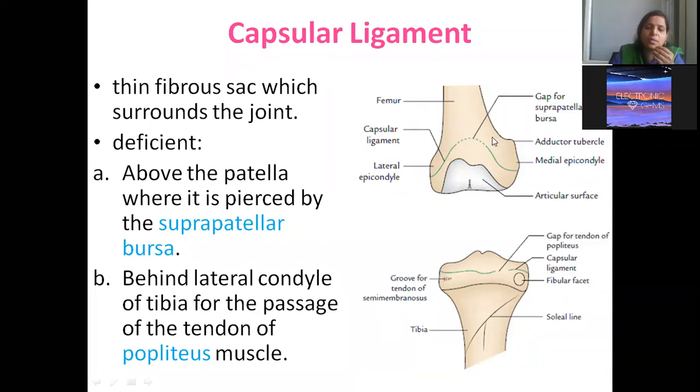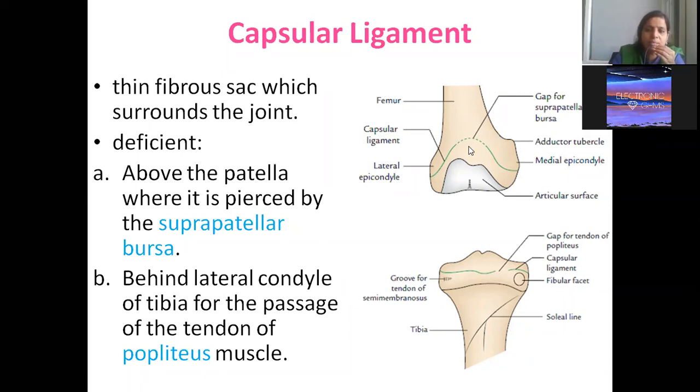As such, the knee joint takes a lot of friction because whatever activities we do, kneeling down, standing, many of these activities are performed at the knee joint, because of which we have many bursae around the knee joint. So this gap you are seeing superiorly is for the passage of the synovial membrane, which is lining the interior of the fibrous capsule.